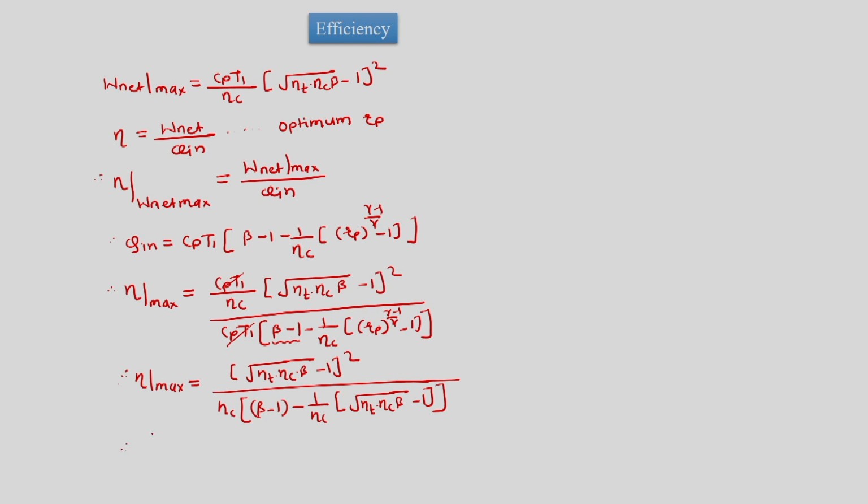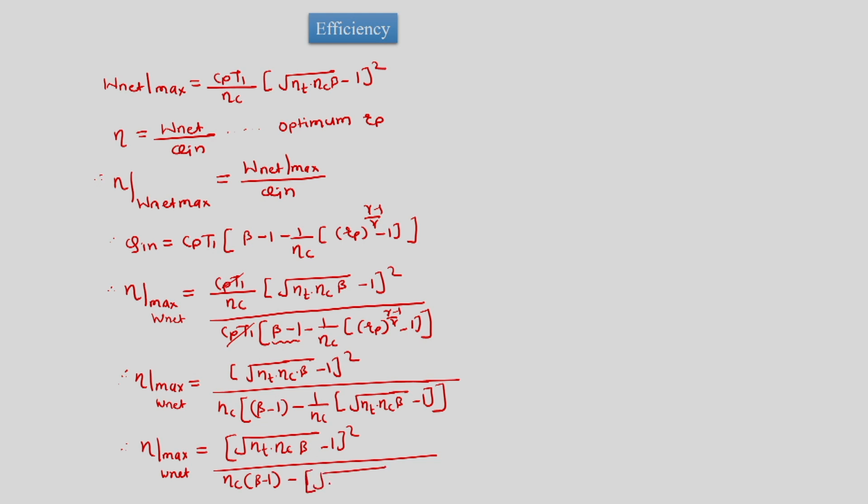Further, we can multiply eta C inside and then we can get the efficiency corresponding to maximum net work. It is not maximum efficiency, it is efficiency corresponding to max W net, as minus 1 bracket square divided by eta C into beta minus 1 minus, in the bracket, square root of eta t eta c beta minus 1.